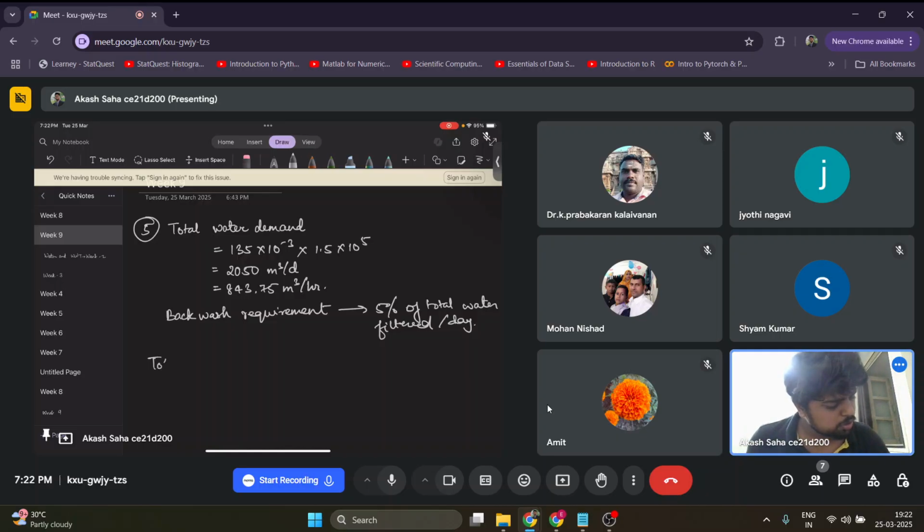So my total water to be filtered with the backwashing requirement will be 1.05 times 2050, that is around 2126.